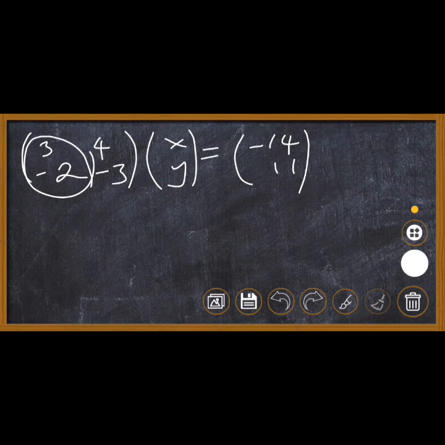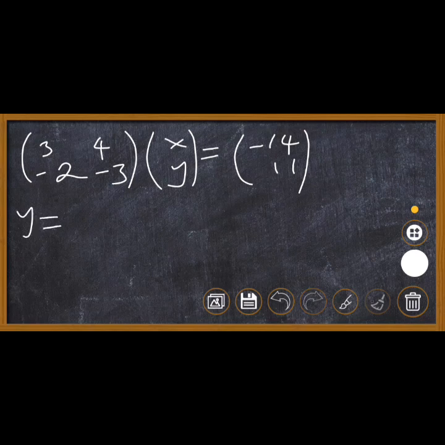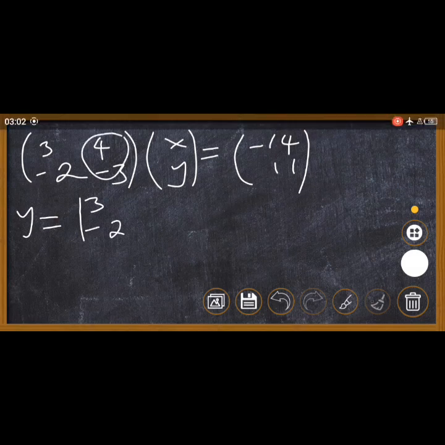So to find the value of y this time, we will replace this with what we have here. So let's do that. For the determinant of y, we are going to have 3, negative 2, and then we remove this, we write negative 14, 11.